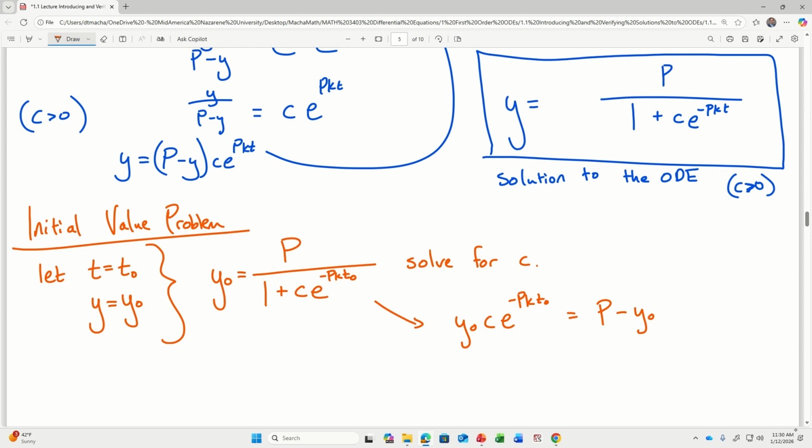And then to solve for c, we divide by everything else. So you get c is equal to p minus y naught divided by y naught, and divided by e to the negative pkt naught. Of course, if I'm dividing by something with a negative, what I could do is multiply by e to the pkt naught. So this is the solution to my initial value problem.